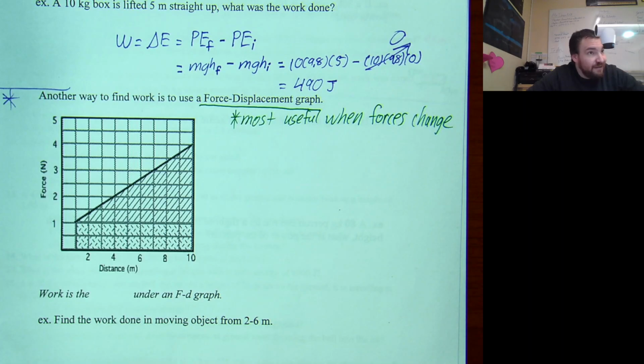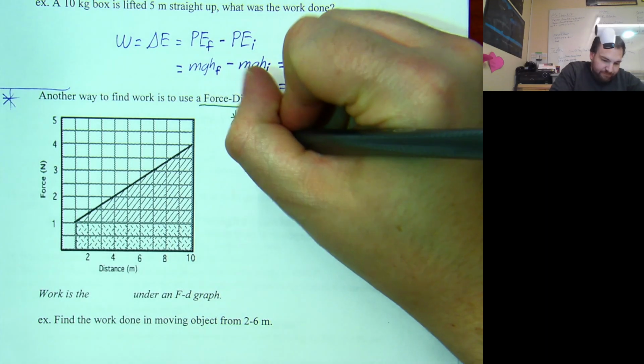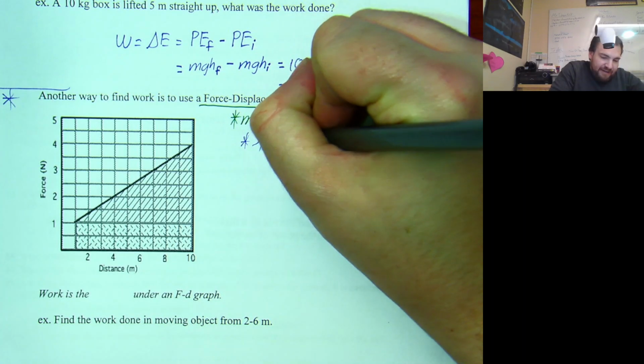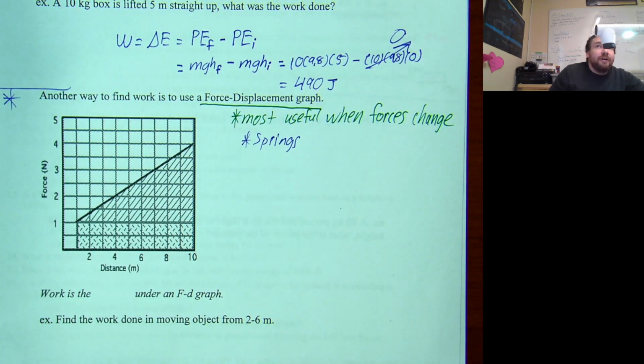Spring. Yes. What was happening inside that thing as you were pulling on it? There's a spring that was being pulled apart. Yes. So a really easy example of an application of this is when springs are involved, because you are required to increase the force to change the extension on a spring.